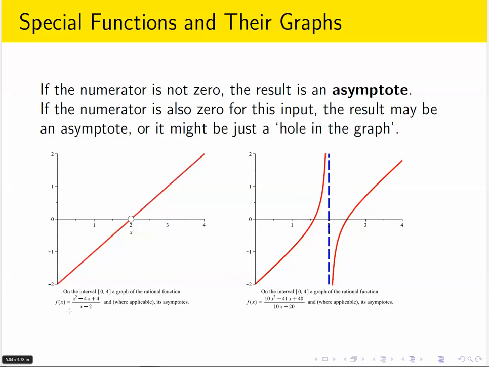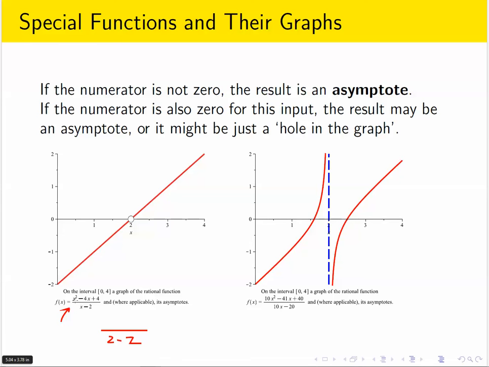On the left, we have a function x squared minus 4x plus 4 divided by x minus 2. If you try to plug a 2 into the denominator, you get 2 minus 2, which is 0. So that means you cannot plug a 2 into this function, because the denominator would be 0, and you can never divide by 0.